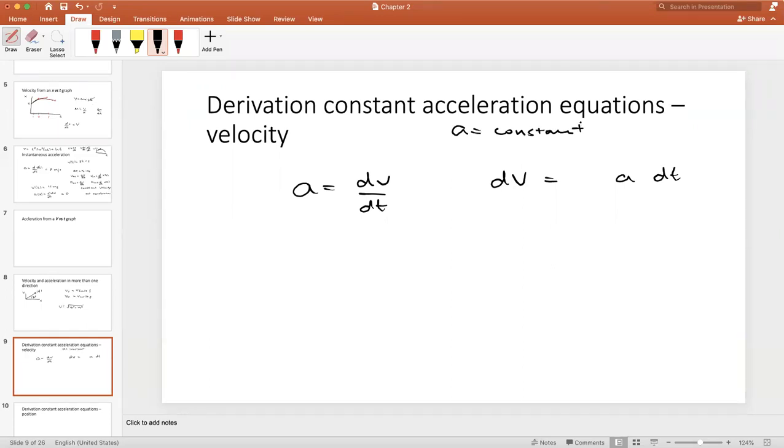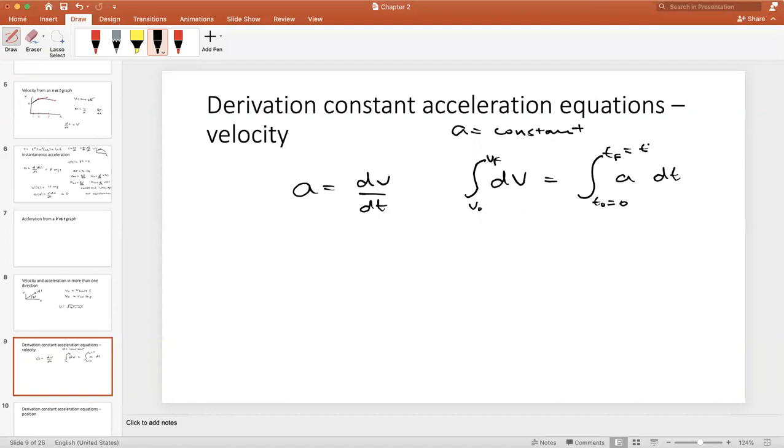I don't know what that constant is. I don't care what that constant is. I'm going to derive an equation for the velocity out of this. So I need to put limits on this and integrate from v initial to v final. Over here, I would have to integrate from time initial to time final. But I'm always going to assume this is 0, and I'm just going to call this t.